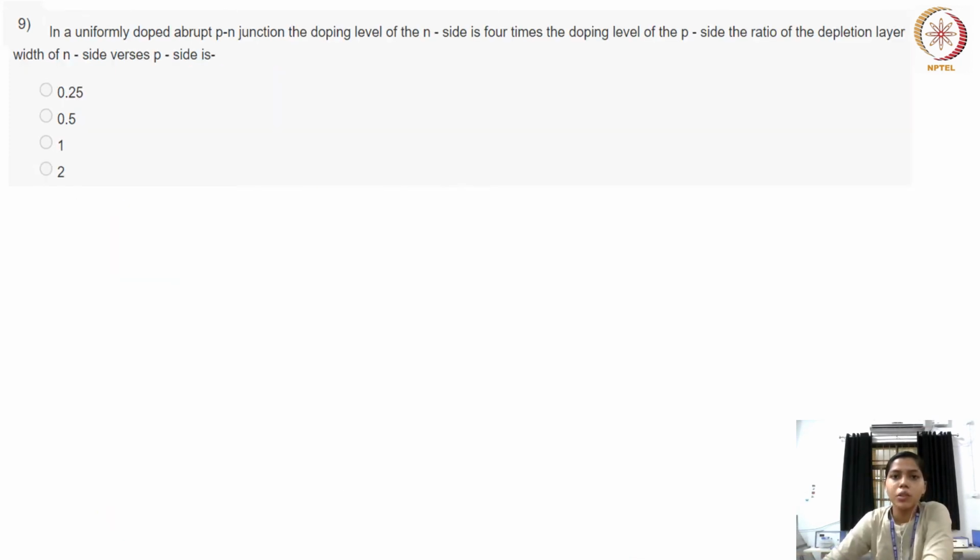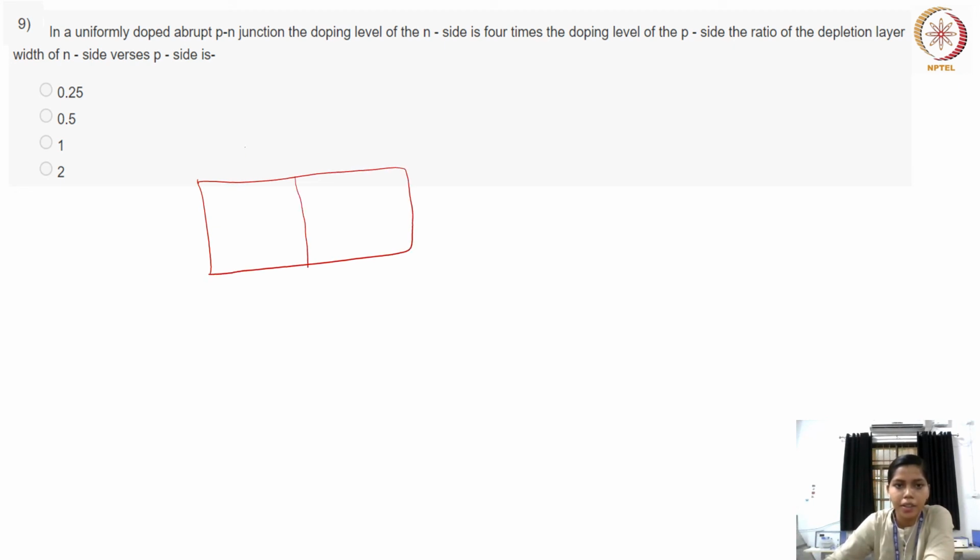It is asking, in a uniformly doped abrupt PN junction, the doping level of the N side is 4 times the doping concentration of the P side. What is the ratio of the depletion layer width of the N side versus the P side? So suppose this is my PN junction.